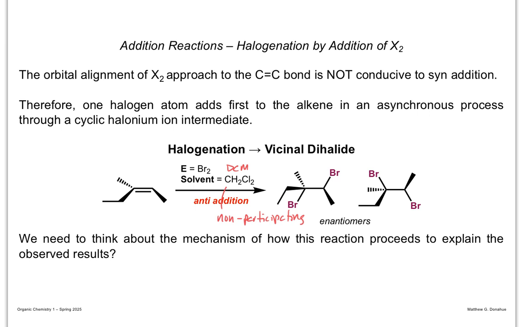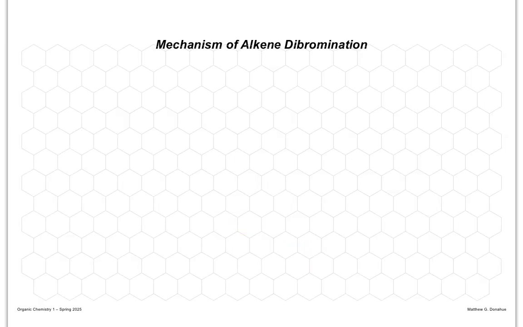So how do we rationalize how this Br2 is adding on different faces? So that's what I mean, the kind of trick you can use.